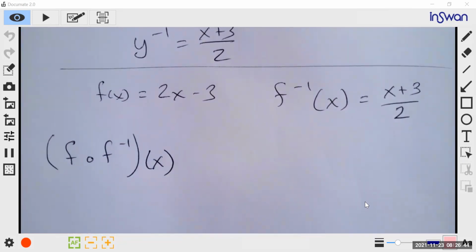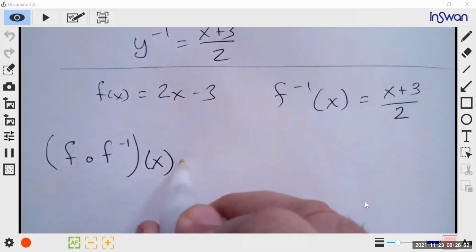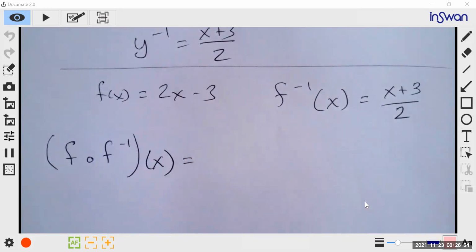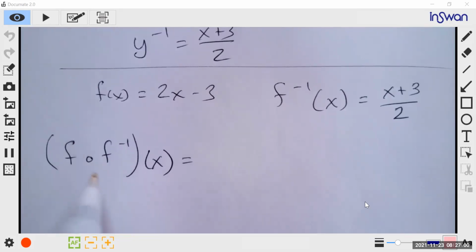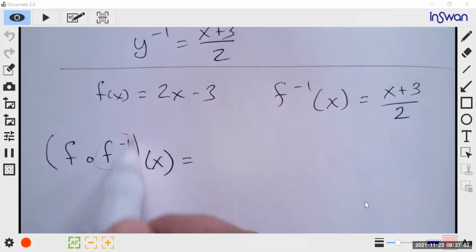Composite functions. So what that says is take the inverse function, put it in place of the first one.